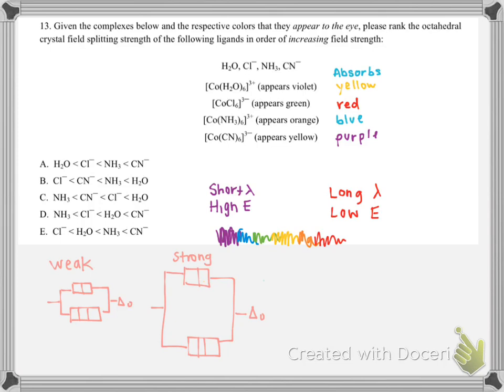So we can say the cyanide, since it's absorbing the highest energy photon, has the strongest field strength, followed by the ammonia, followed by the water, and then ending with the chloride. Making E the correct answer.